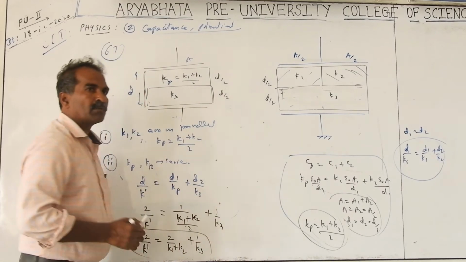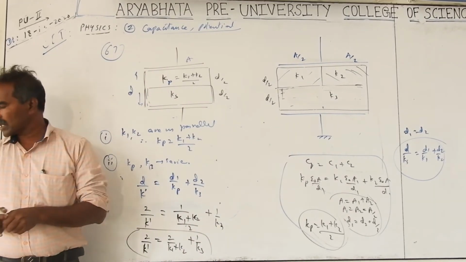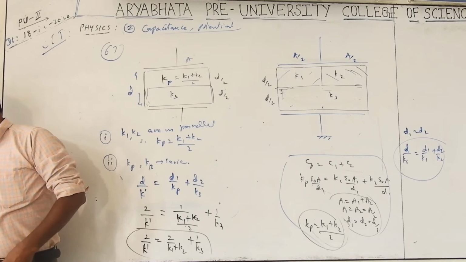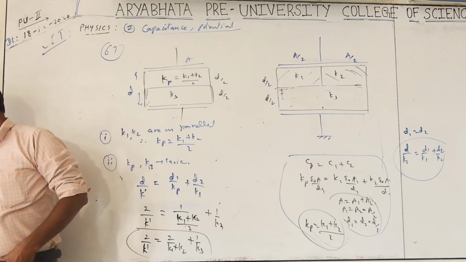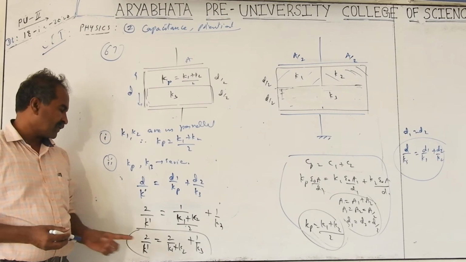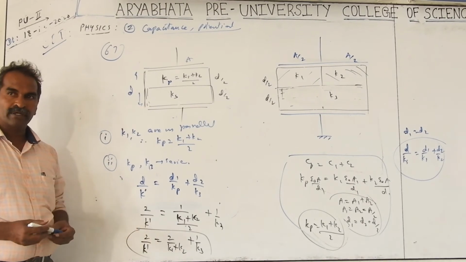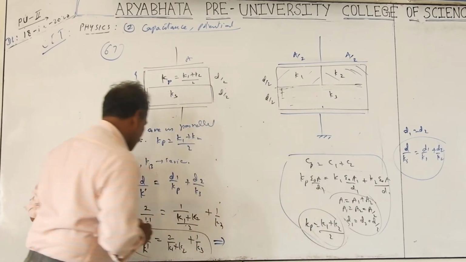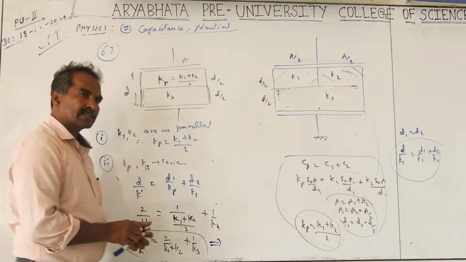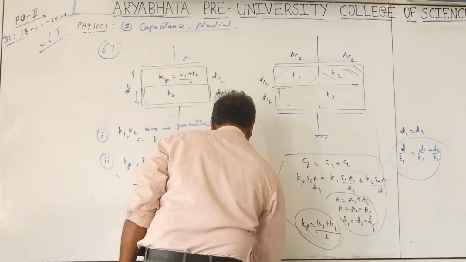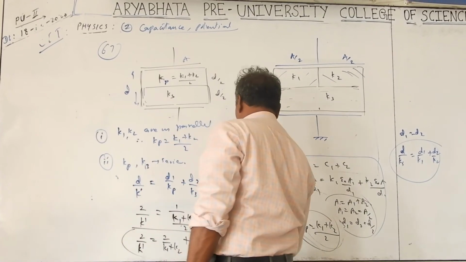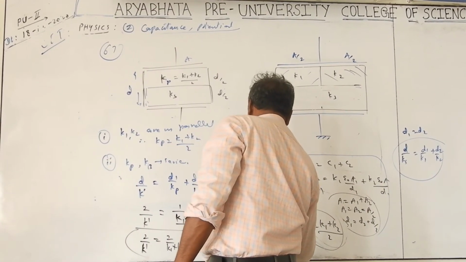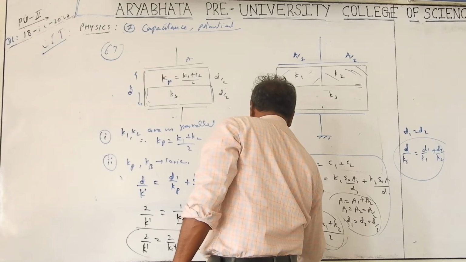Divided by 2 also, the multiplication formula can be given. Answers are given in terms of ratios only, so the answer is not given like this. Divided by 2 you take. But divided by 2, what do you get? This is equal to 1 by K result. 1 by K result is equal to 1 by K1 plus K2 plus 1 by 2 K3.